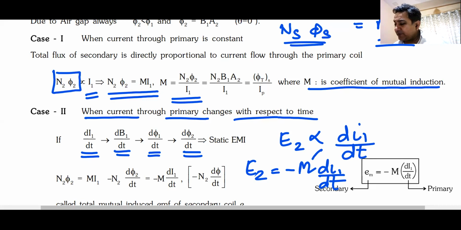This constant M is known as the coefficient of mutual inductance between the two coils.